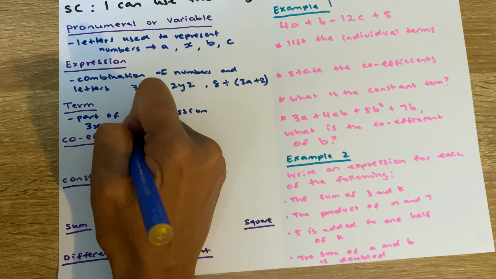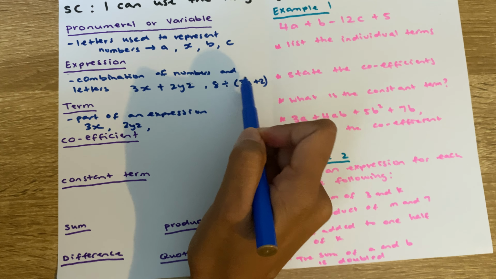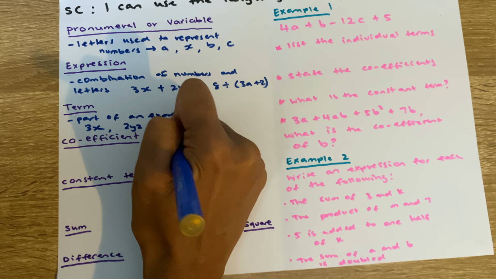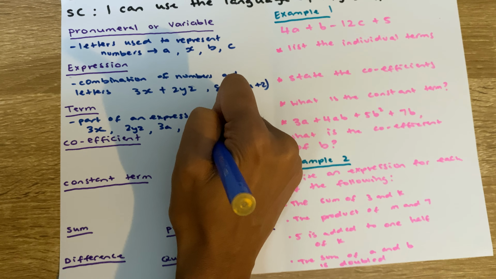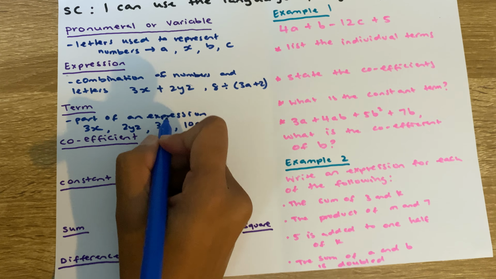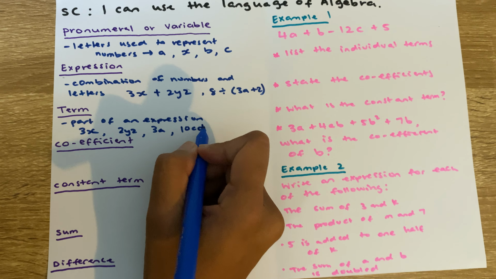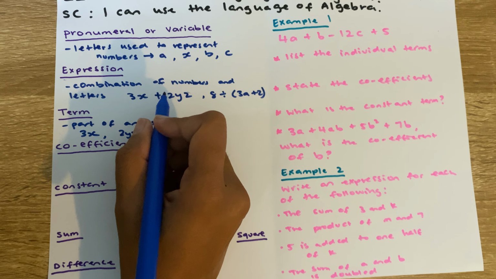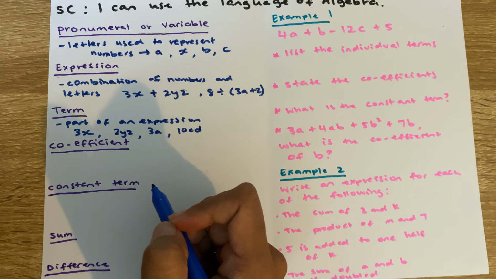We've got 2yz, which is a term. We've got 3a, which is a term. Some other examples could be 10cd, okay, where there's nothing really in between these. I know there's little times symbols, but in terms of looking at our expression, it's the parts of our expression.